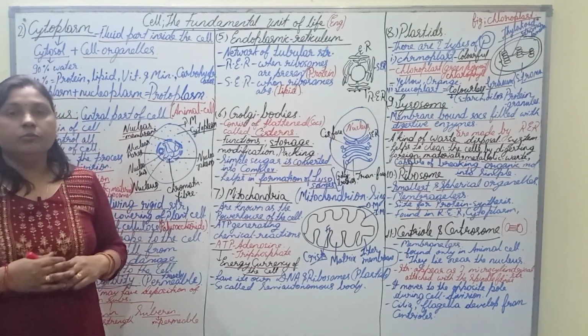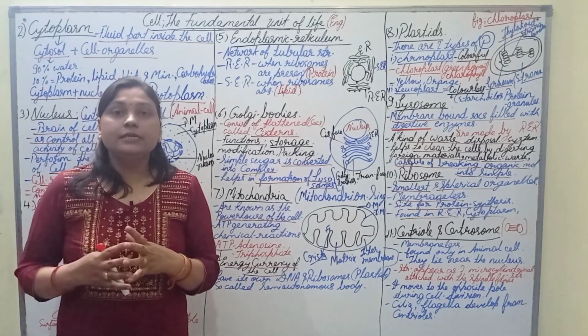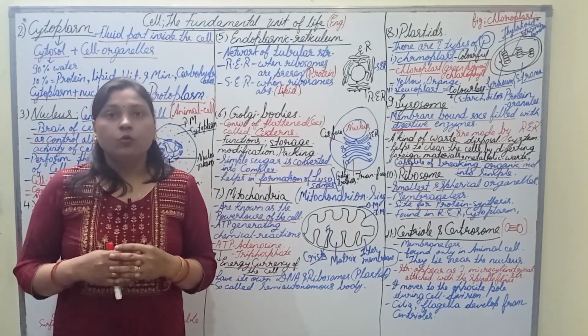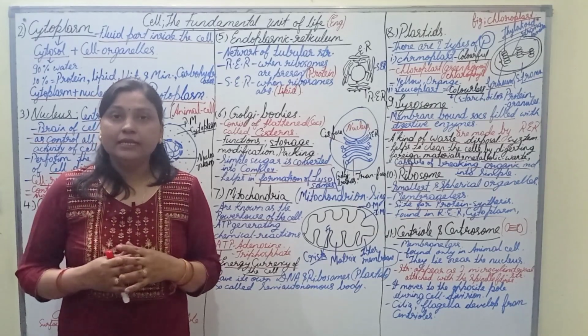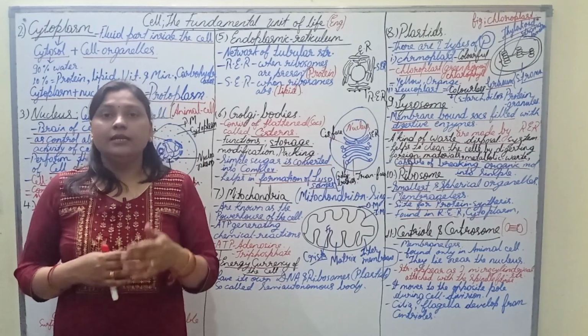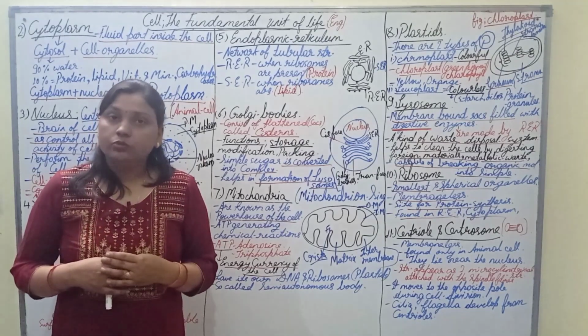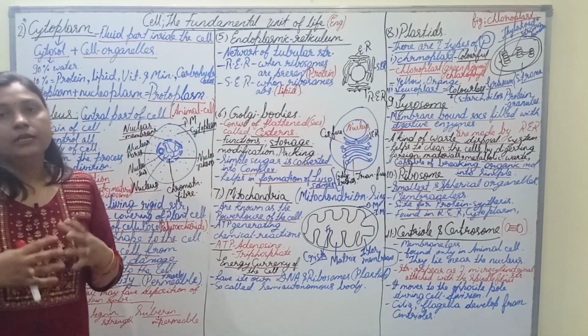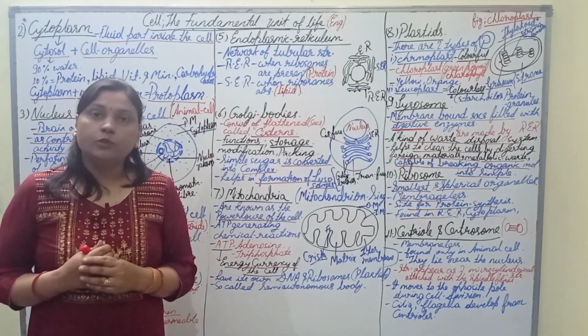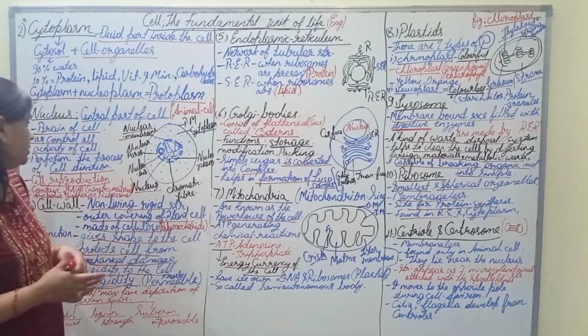These chromatin fibers become condensed and thick at the time of cell division, and thus are called chromosomes. These chromosomes carry DNA, the genetic or hereditary material that is transferred from parents to their offspring. This DNA is responsible for the transmission of characteristics from the parents to their offspring.